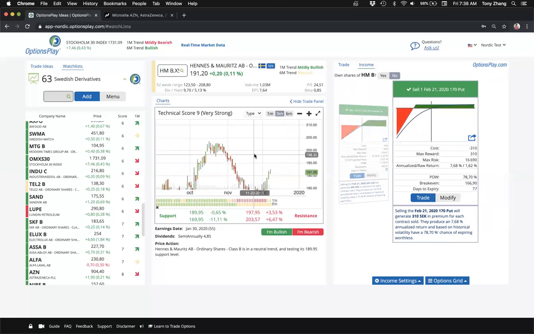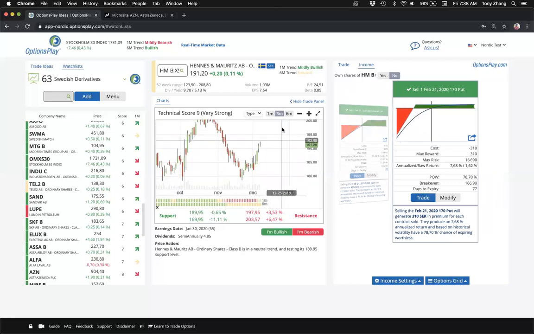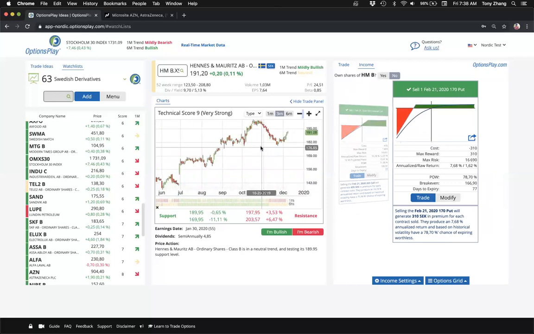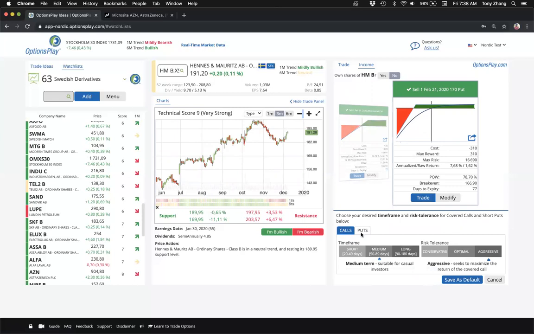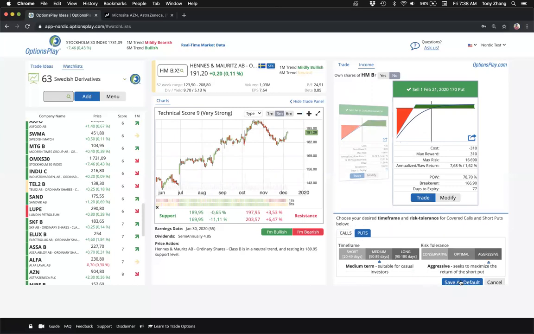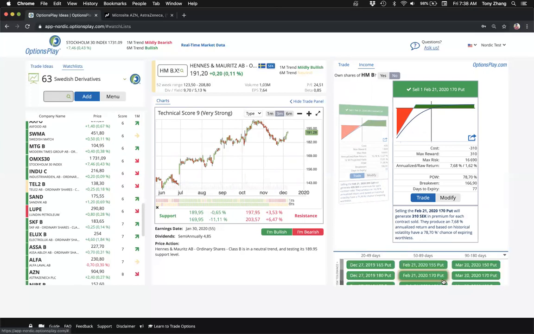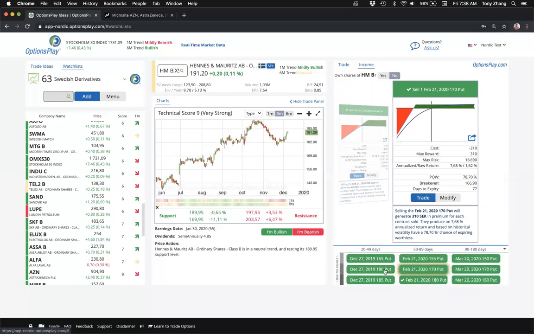But if you're looking to buy the stock, you can place an order to buy the stock and wait for that stock to decline to that price. Now, you can modify this and you can use our income settings, which I will discuss on a future webinar, how to utilize this tool to find other puts for you to sell.